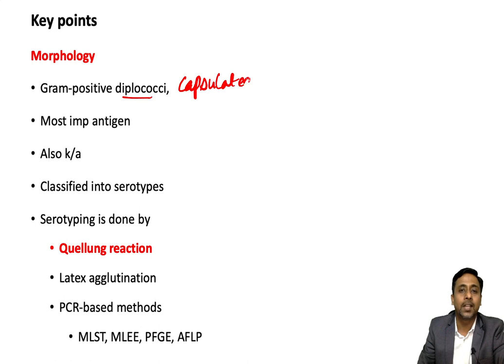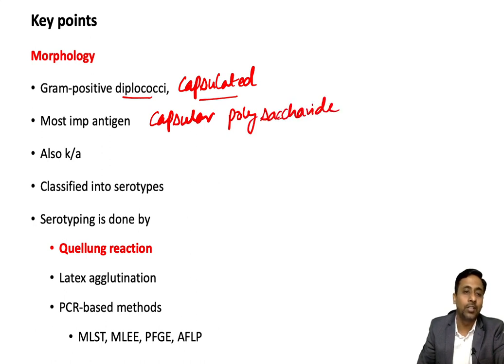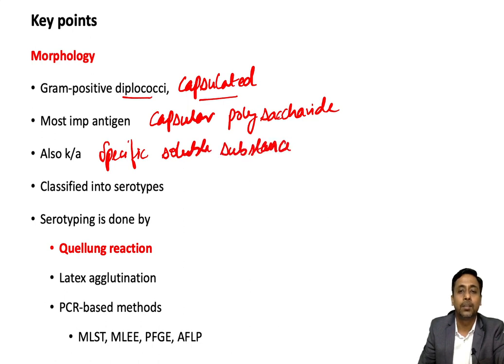The most important antigen by virtue of this capsule is the capsular polysaccharide, and this capsular polysaccharide is also known as specific soluble substance, triple S. So SSS is found in pneumococcus, and on the basis of this capsular polysaccharide, it is classified into approximately 100 serotypes.